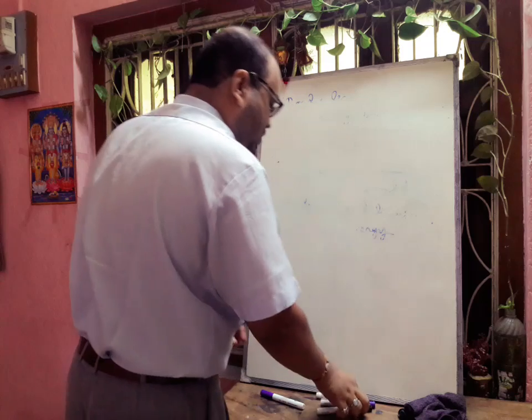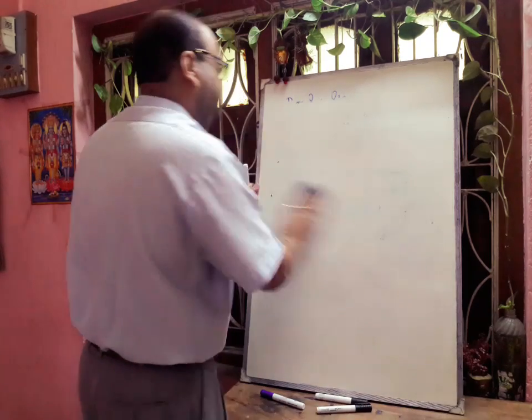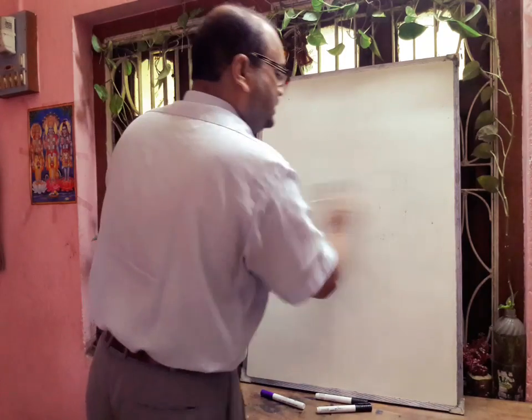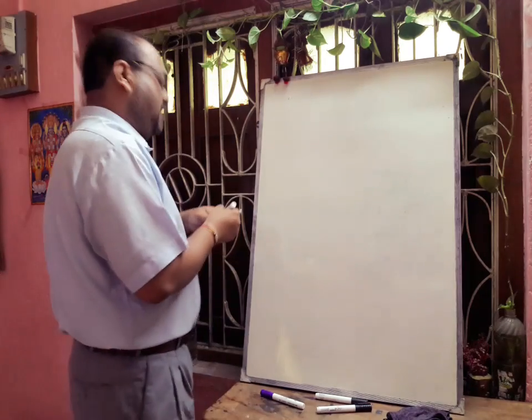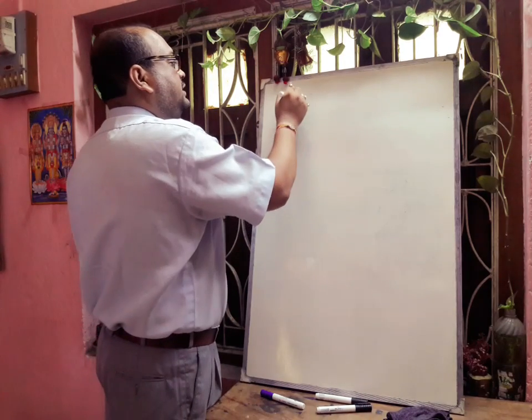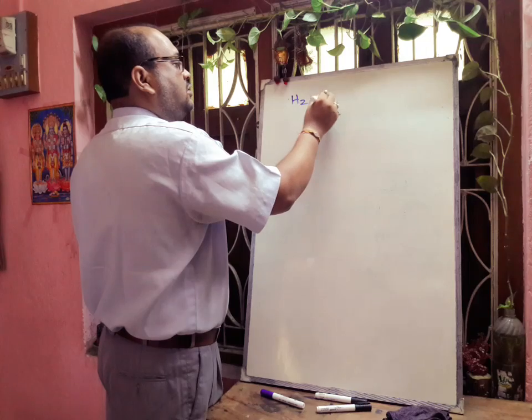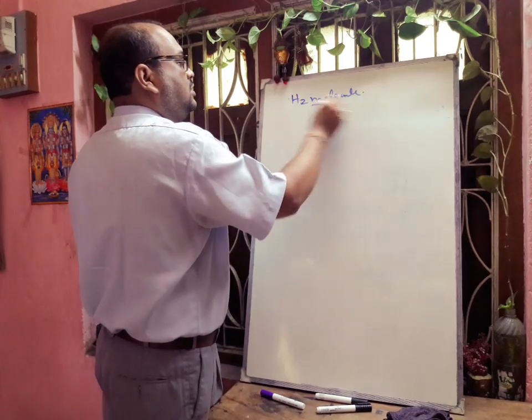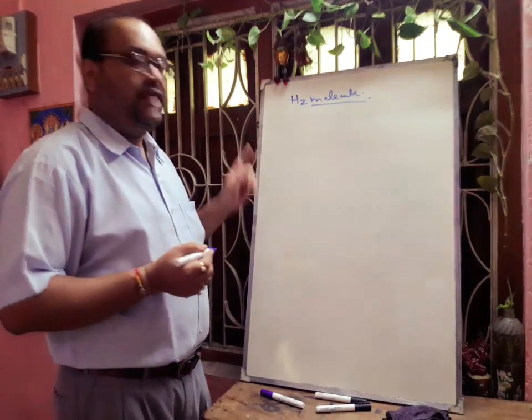How to draw the MO diagram we have already discussed in the previous class. So first we will check whether the hydrogen molecule will exist or not. We draw the MO diagram of the hydrogen molecule.